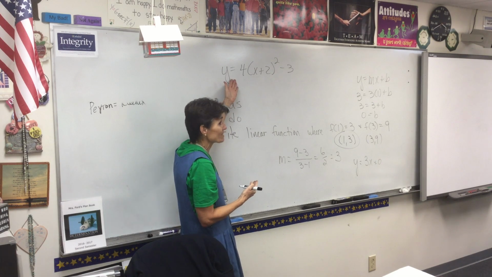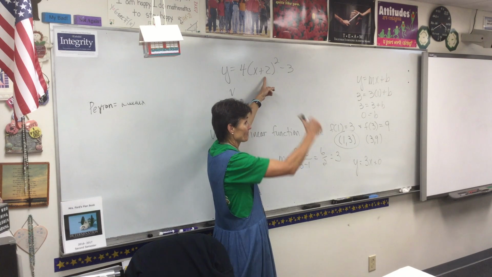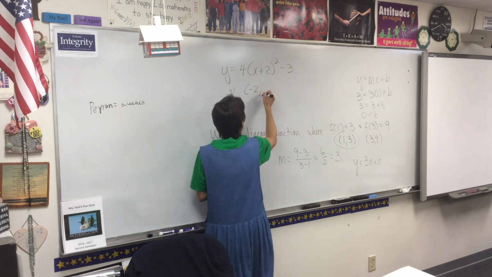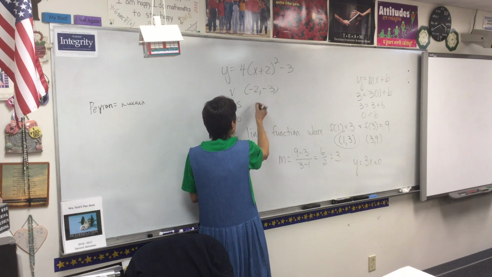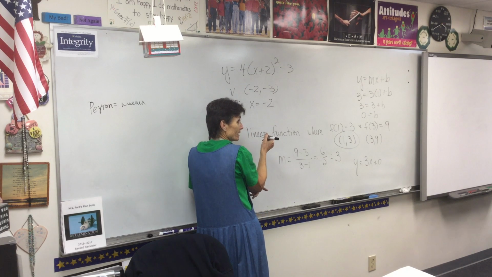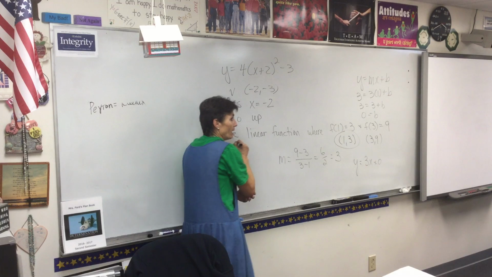No. You're going to say, the vertex is at -2, -3, which means the axis of symmetry is x equals -2, and the direction of opening is up.